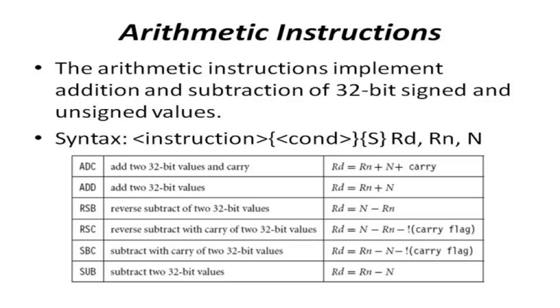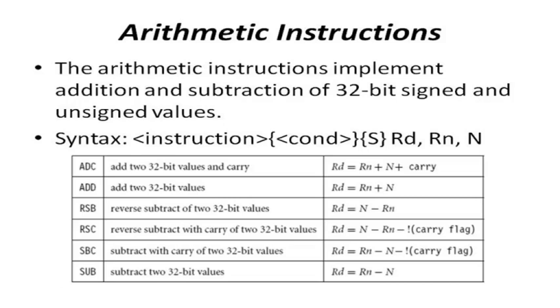So what change I should do is, here I should use ADDS. If I use ADDS, then it is updating the carry flag, because this addition is generating a carry, but the carry flag was not updated, right? The carry flag was not updated because the S suffix was not there.